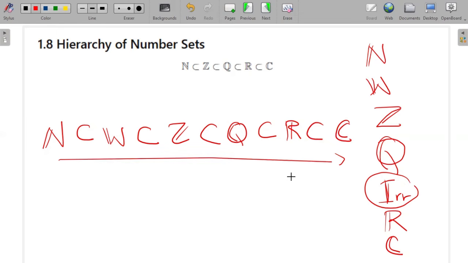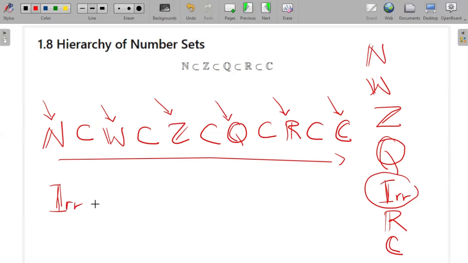The biggest set of numbers that you have is the set of complex numbers, followed by the real numbers, followed by the rational numbers, followed by the integers, followed by the whole numbers, and then followed by the what? The natural numbers. And then the irrational numbers, these like to be lonely. So they are just on their own like that. They don't want any noise from these other neighbors. They're just on their own.